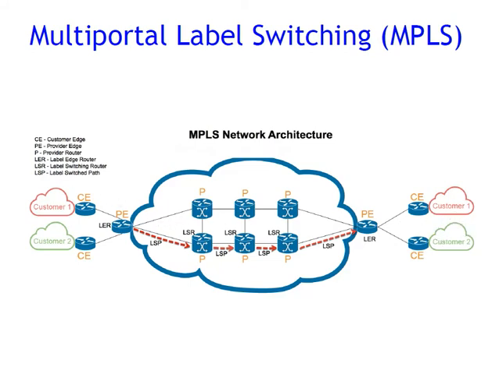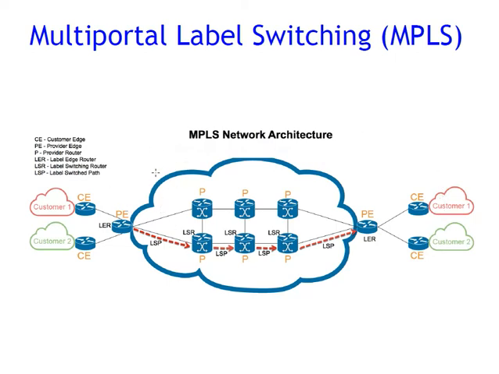In this case, there is a gateway, the label edge router, which routes from the different networks, different areas of the network, to the MPLS, and thereby the MPLS routes that data to the end user customer.